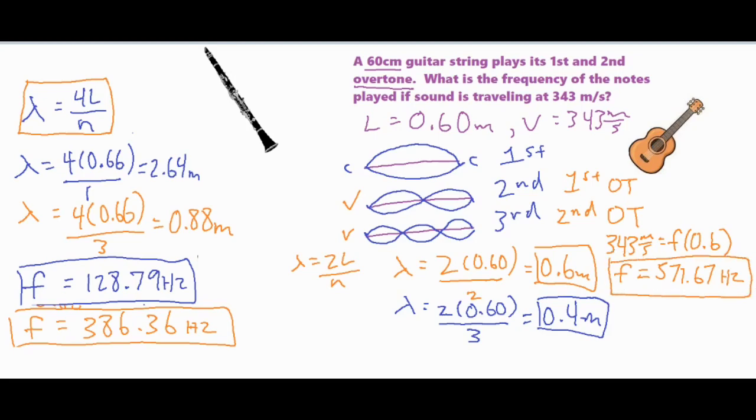And then for the next one, again, it looks pretty similar: 343 meters per second equals frequency times our 0.4 wavelength. With the greater overtone and the smaller wavelength, we're going to have a higher frequency. That one ends up being 857.5 hertz.